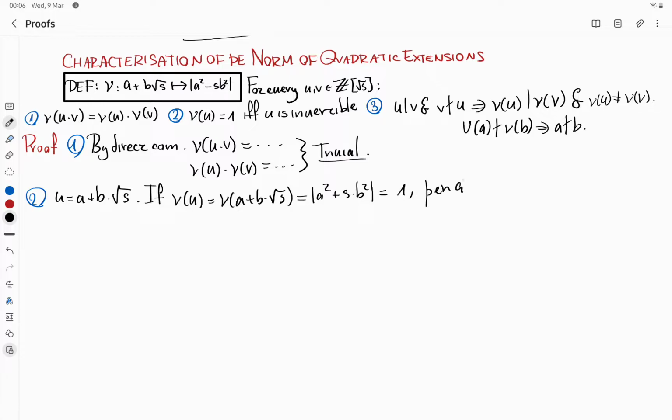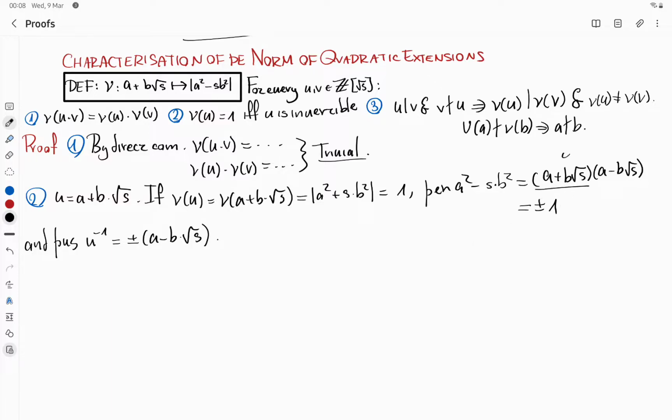Then a squared minus s times b squared is equal to, now we are simply removing the absolute value, the following factorization: a plus b times the square root of s times a minus b times the square root of s, and this must be equal to plus minus 1 because we removed the absolute value, and thus u inverse is equal to plus minus a minus b times the square root of s.